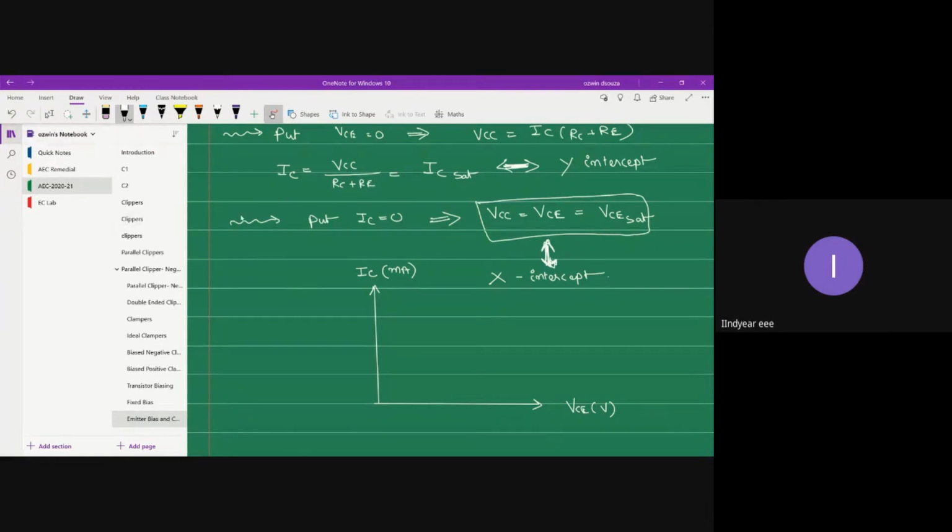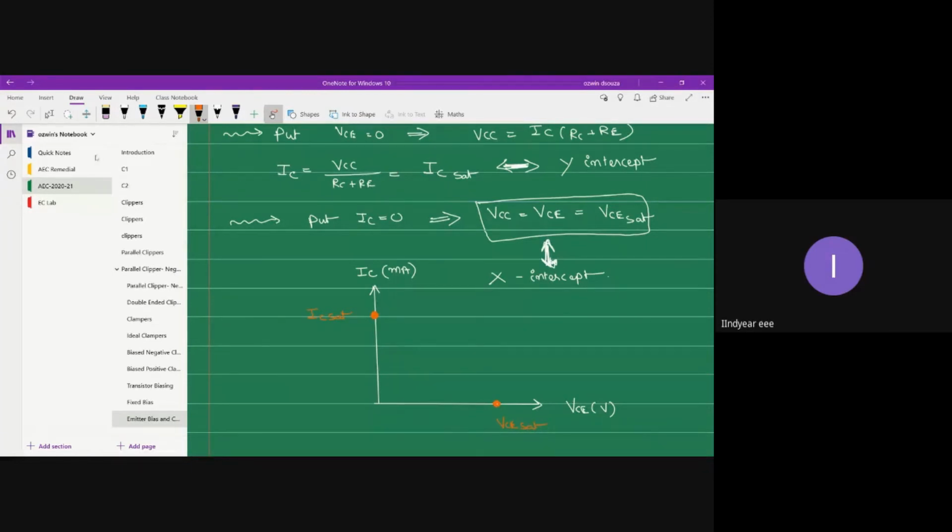Once that is done, you can mark your respective y and x intercepts. This is your y intercept and this is your x intercept. The y intercept value is IC saturation and the x intercept value is VCE saturation.